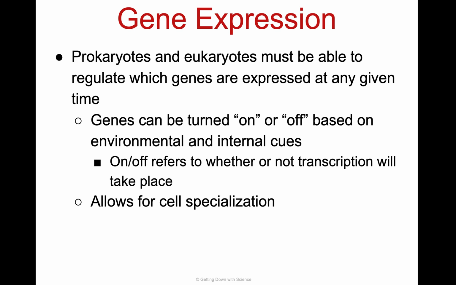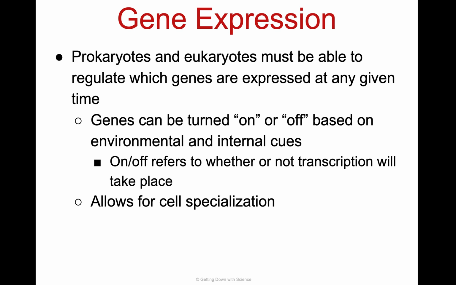You eat something that has sugar in it, glucose increases in your blood, and the cells in your pancreas go on to produce the protein insulin, which then lowers your blood sugar levels, but then we don't need it anymore. We have to turn it off, right? So genes can be turned on and off based on environmental and internal cues, similar to blood glucose levels. On/off refers to whether or not transcription will take place.